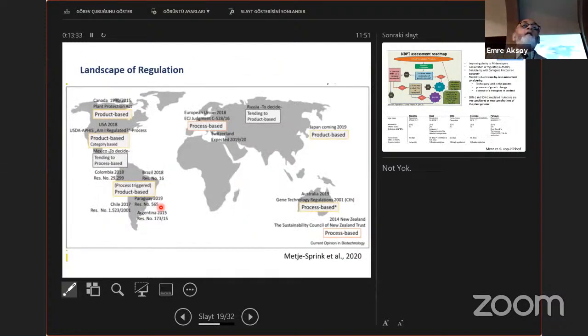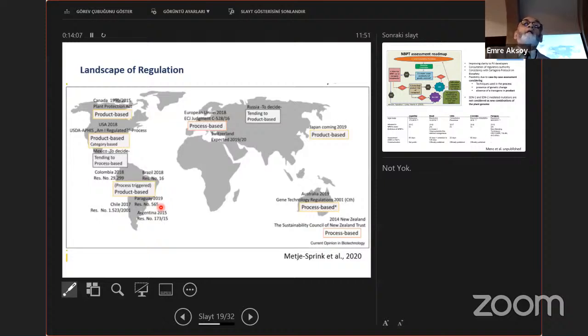So this is the slide showing the landscape of the regulations. Different countries are adopting different approaches. Canada is considering product-based regulation, and the USA is also of the opinion of product-based regulation. Then Colombia and Brazil are also product-based.